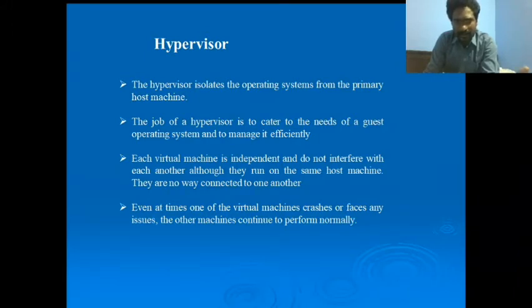Even if a virtual machine crashes or faces any other issues, the other virtual machines will function normally. So the hypervisor provides fault tolerance. If any one operating system fails, it won't affect the other operating systems.